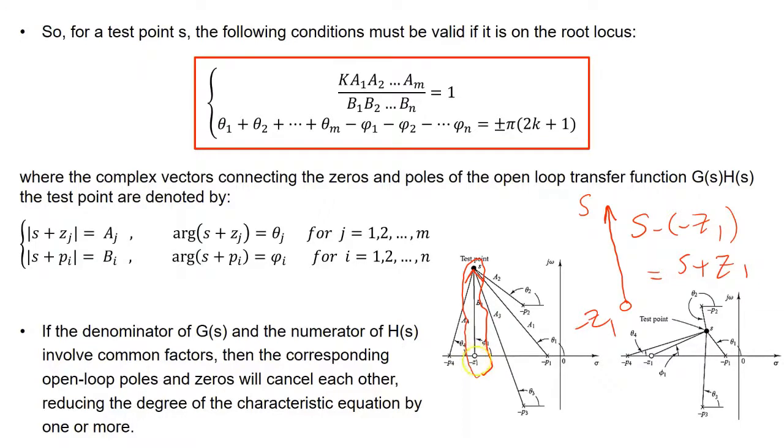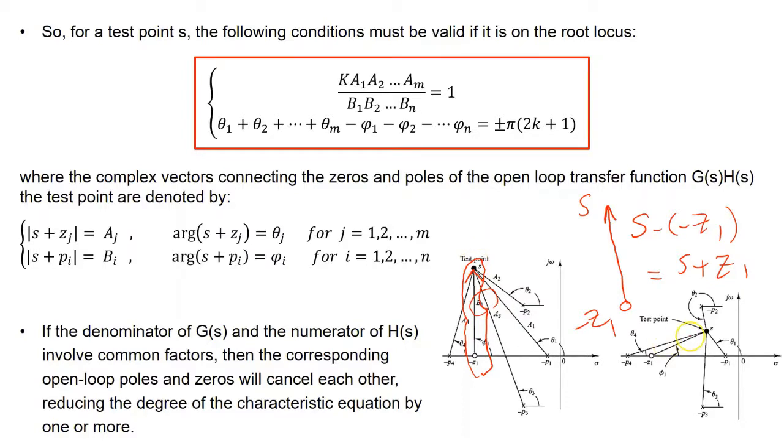So this vector that connects negative z1 to s has a magnitude, and that magnitude I showed with b1. And for each one of these poles, when they are connected to s, the magnitude of that vector I'm showing by a's. A4, A3, A1, right? A1 is the one between negative p1 and s. A2 is between negative p2 and s, and so on and so forth.